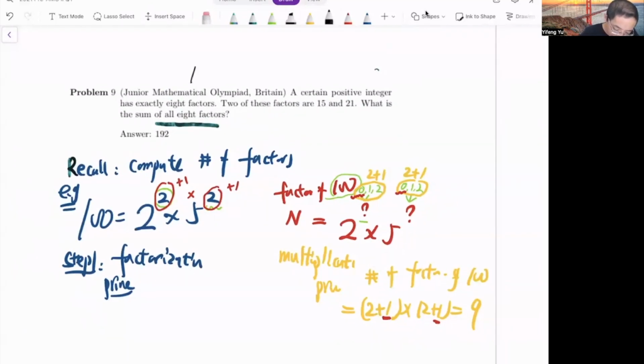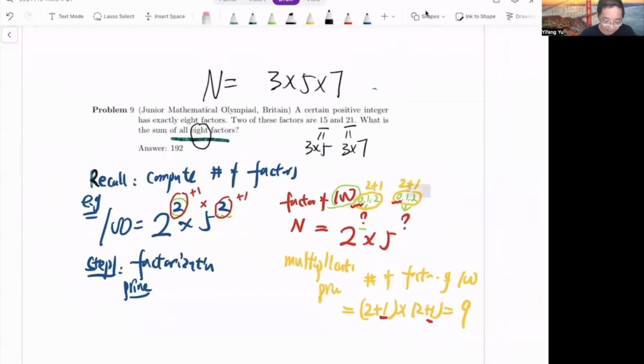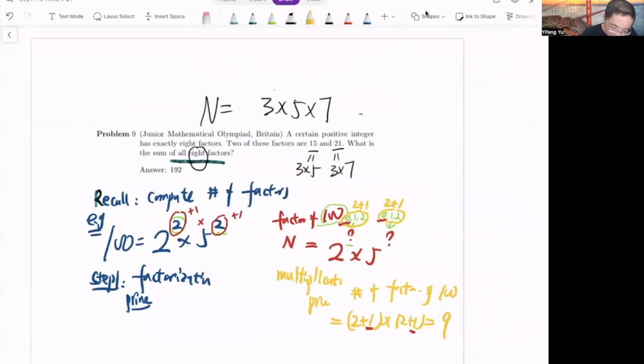Now let's look at our problem. It says this number n has 8 factors, and 2 of them are 15 and 21. So 15 is 3 times 5, and 21 is 3 times 7. Let's see. If I write 3 times 5 times 7, how many factors do we have? Here the power is 1, here the power is 1, and here the power is 1.